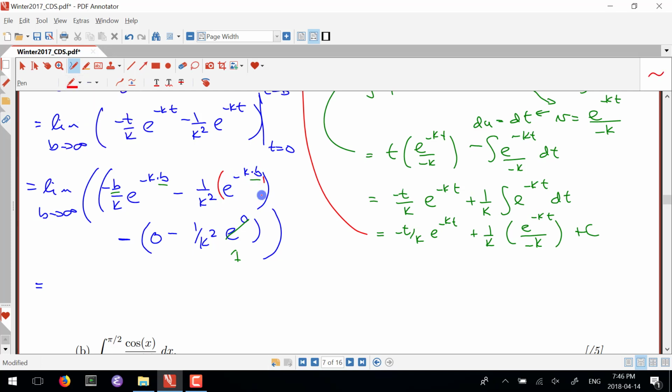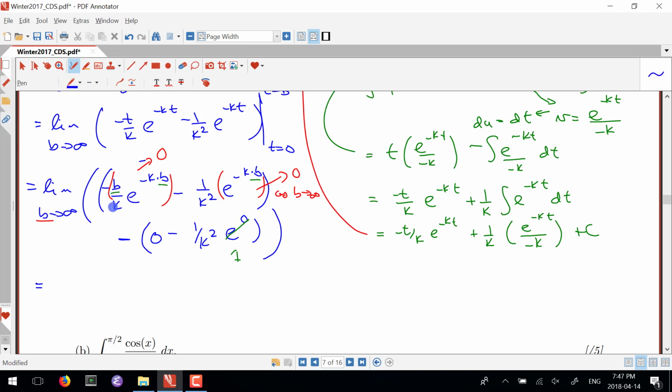That expression is going to go towards 0 as b gets larger and larger. This expression here, you can confirm it with L'Hopital's rule, but we've also seen it frequently enough that with a multiplier times an exponential, the exponential is the most important thing. So this whole expression is also going to go to 0 as b approaches infinity.